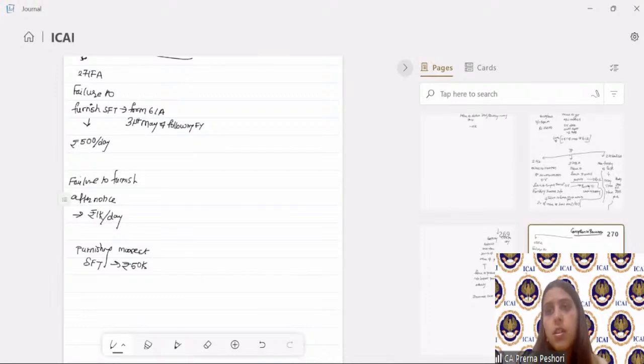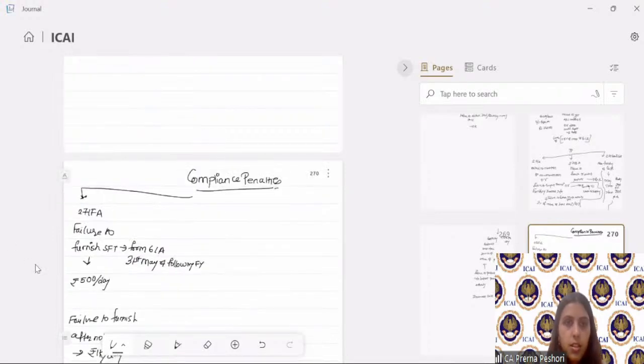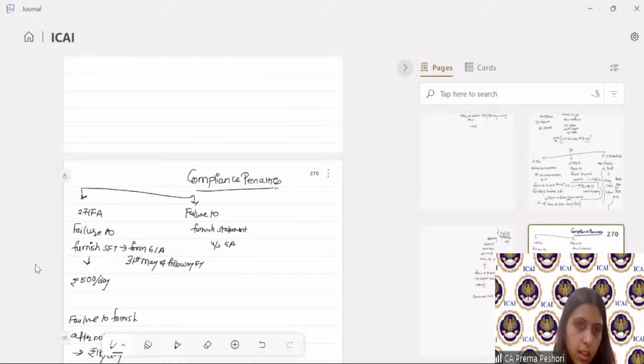Clear? So that is one penalty for 9A. I'm just writing it over here. Furnish statement under section 9A, rupees 5 lakh.